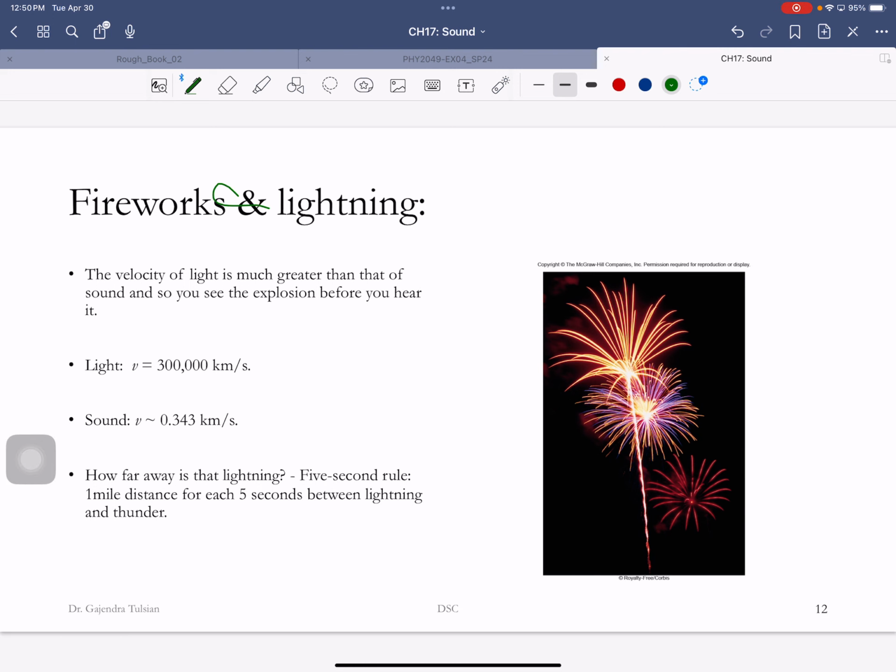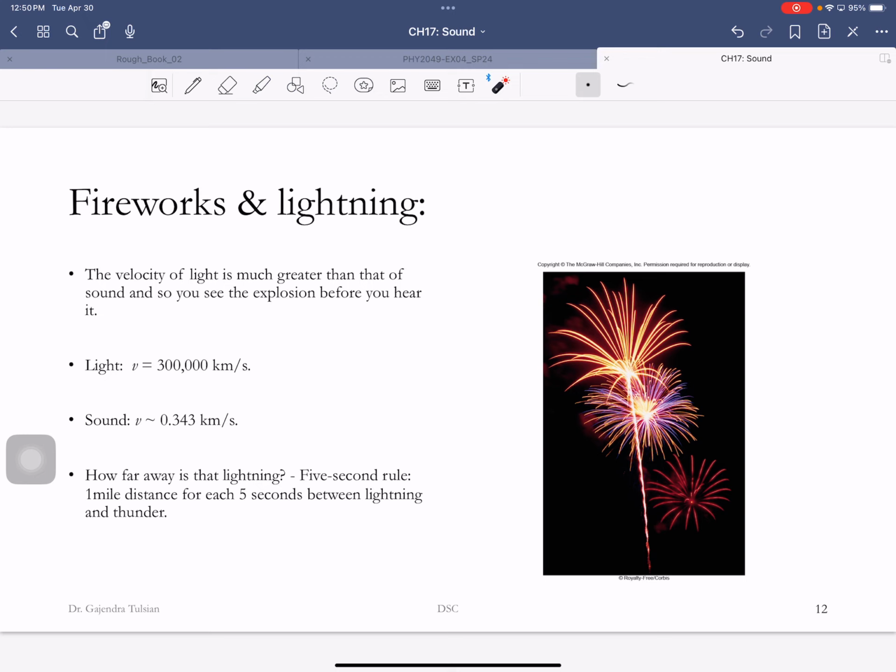So this is just little fun facts. Here's the speed of light. The speed of light is 300,000 kilometers a second. The speed of sound is 0.34 kilometers a second. So light travels 1,000,000 times faster than sound. So if there's lightning, you always see the lightning flash first and then hear the thunder.